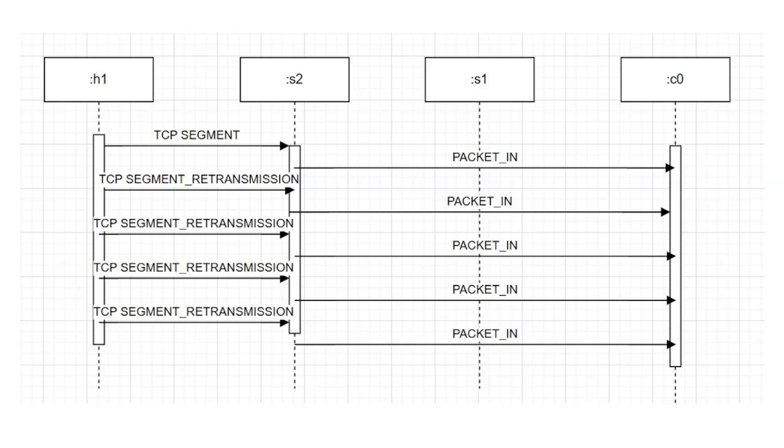Host 1 sends a TCP segment to switch 2, and this one tries to send a packet in to the controller in order to get some information about how to manage the packet, but it doesn't work. And that is the reason why host 1 tried to send a TCP segment again, but it gets the same result.